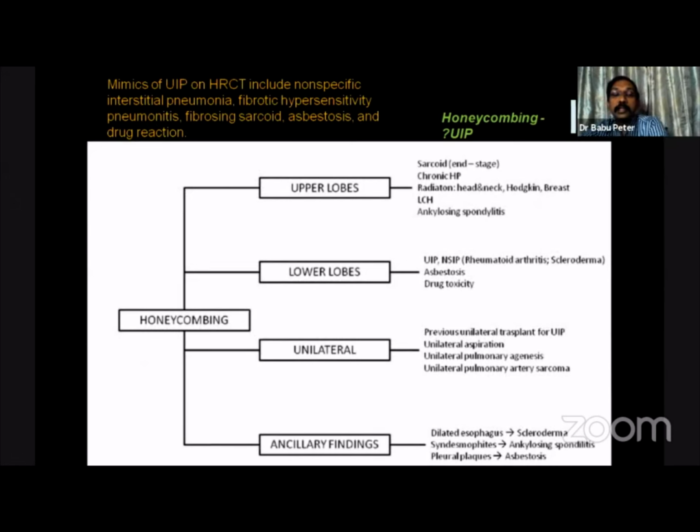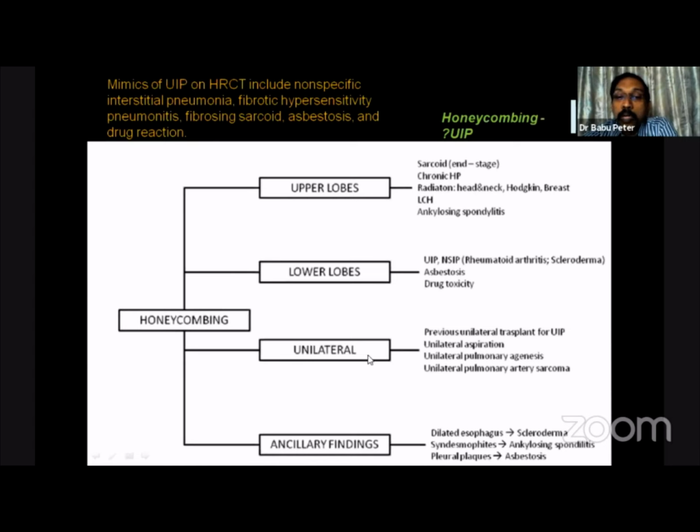So this is just to summarize the causes of honeycombing. Whenever honeycombing is seen in the upper lobes, it can be due to chronic hypersensitivity pneumonitis, ankylosing spondylitis, Langerhans histiocytosis, radiation therapy involving the upper lobes, or end-stage sarcoid. Honeycombing involving the lower lobes is typically seen with a usual interstitial pneumonia pattern, or sometimes with drugs, or an NSIP pattern related to scleroderma or rheumatoid arthritis.